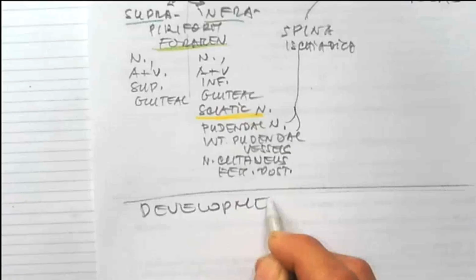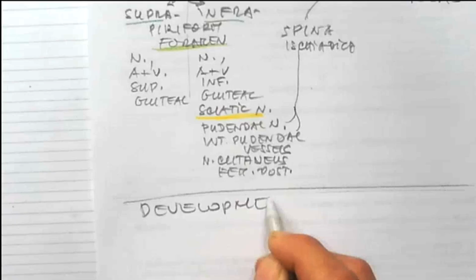When we look at the development of the organs of the urinary system and the organs belonging to the genital system, we could divide it simply into urinary and genital. First of all, urinary, we have to know only some words.